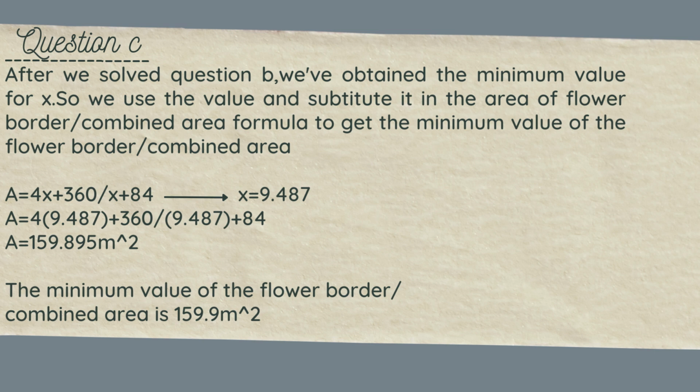And then we use the minimum value of x, which is 9.487, and substitute x with this value, and then we should get 149.895 meters squared. So the minimum value of the flower border is 149.9 meters squared.